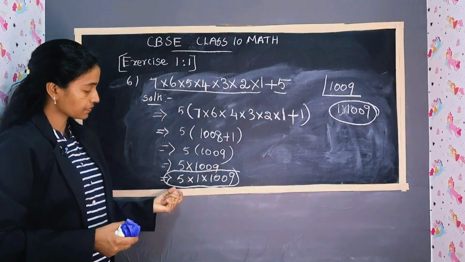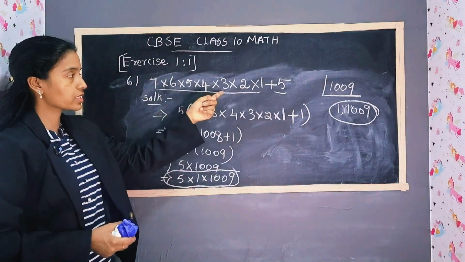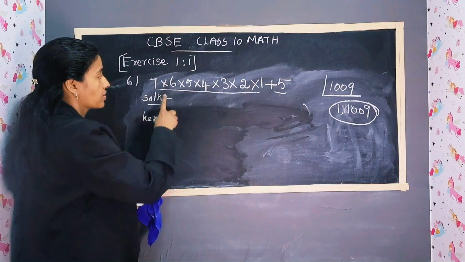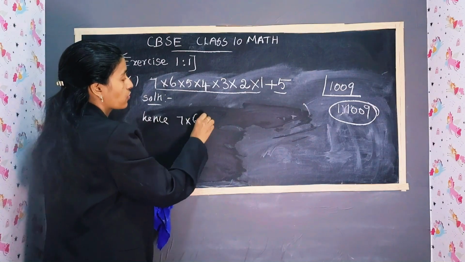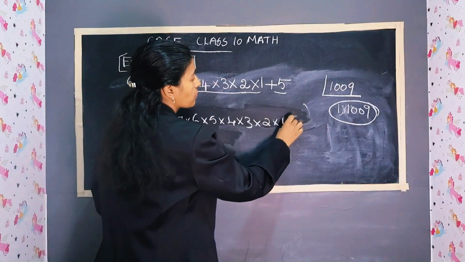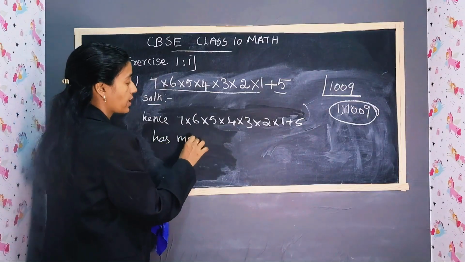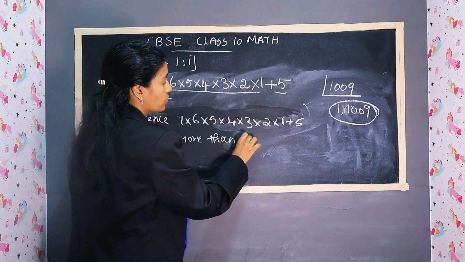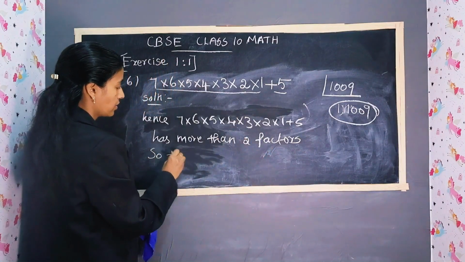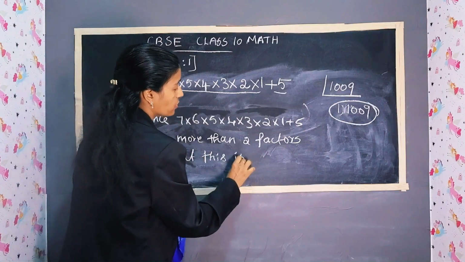So I can write 7 into 6 into 5 into 4 into 3 into 2 into 1 plus 5 is a composite number. 7 into 6 into 5 into 4 into 3 into 2 into 1 plus 5 has more than 2 factors. You have to write this sentence, more than 2 factors, so that this is a composite number.